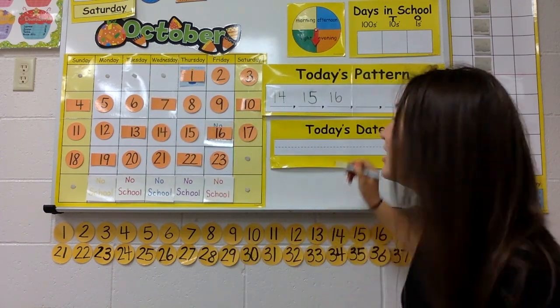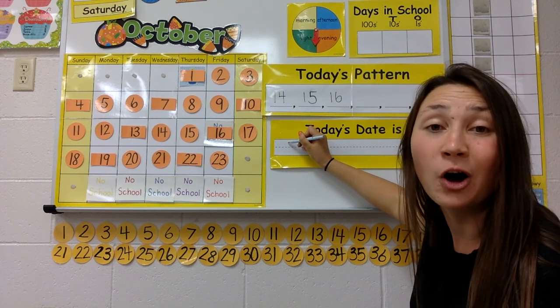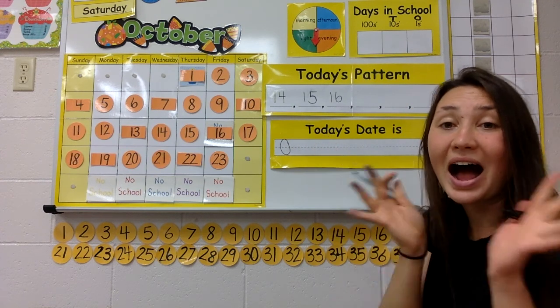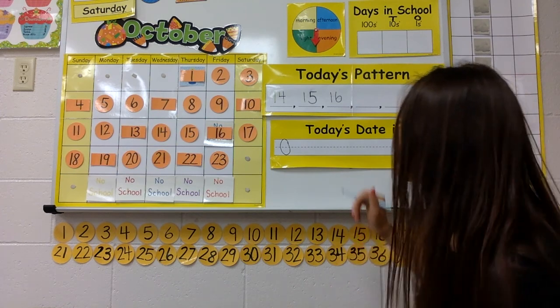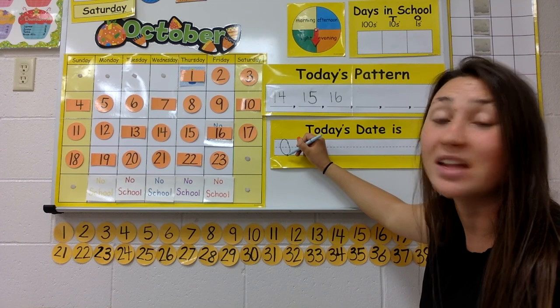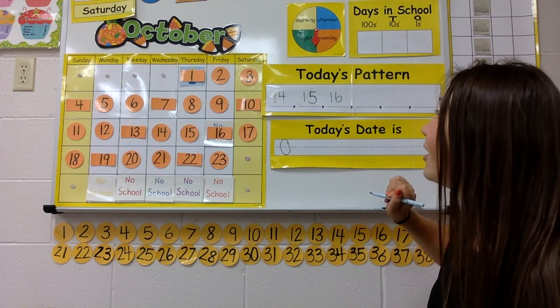October, right? So go ahead and make a capital O for October. Capital O's are bigger. They touch the top and the bottom, don't they? All right. So if we have our O, what comes next?